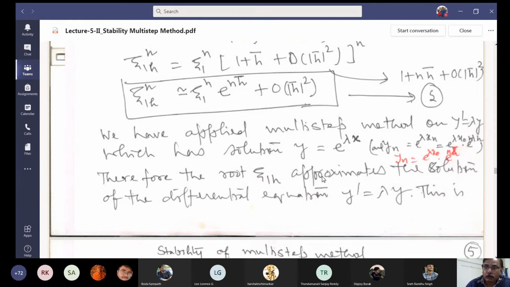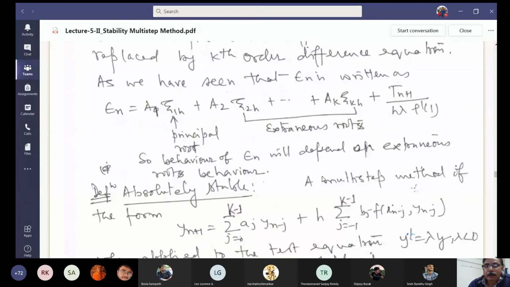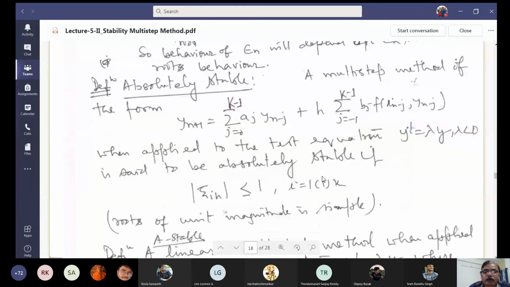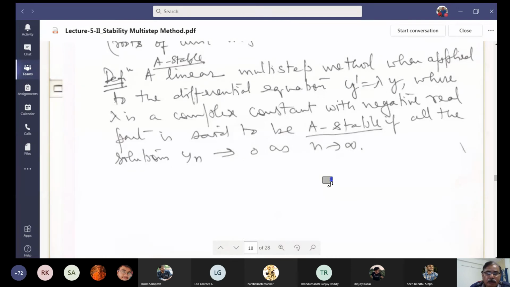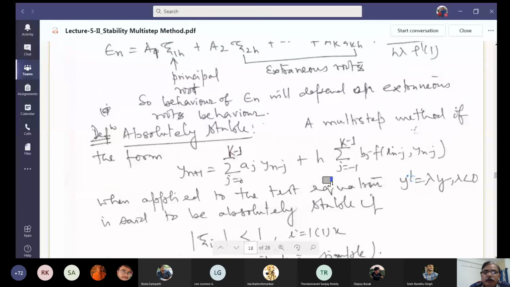Meaning, if the extraneous roots go to 0, then your method will be stable. Those extraneous roots which were introduced artificially should go to 0. Only then will your method be stable.